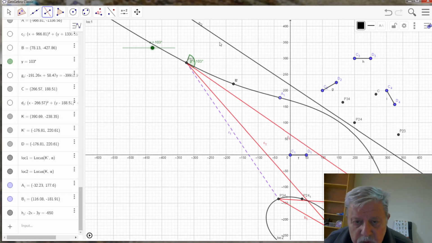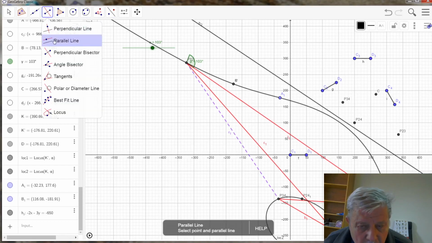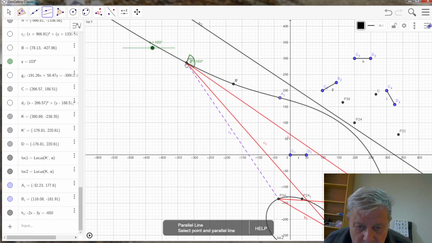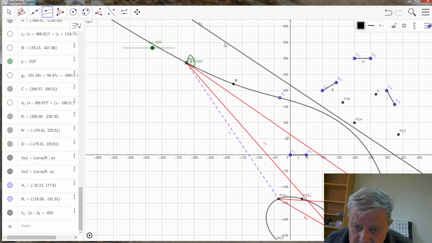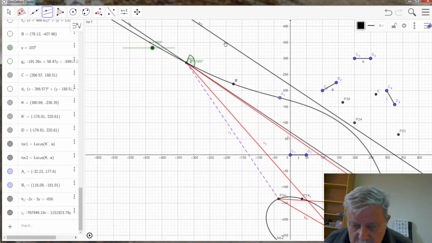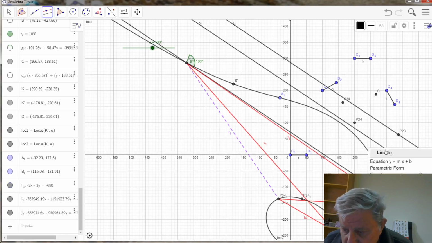1, 2. From here, I have done this before. Remember, this is a line. And then 2, 3. Hide this.